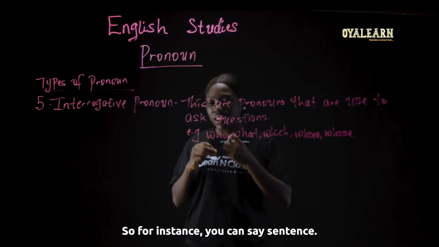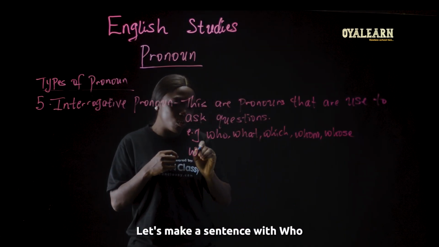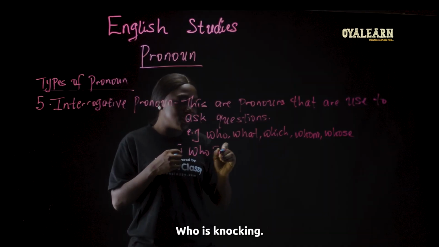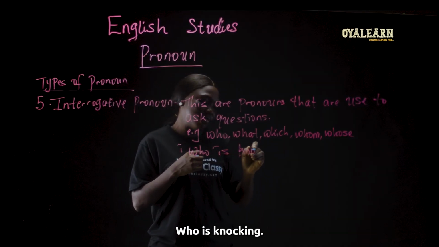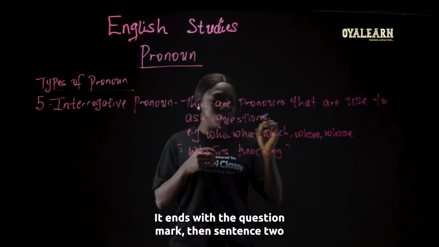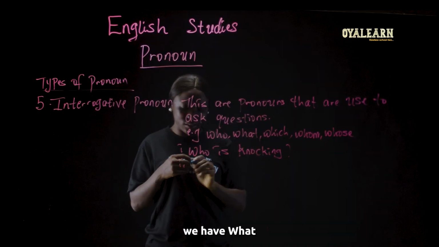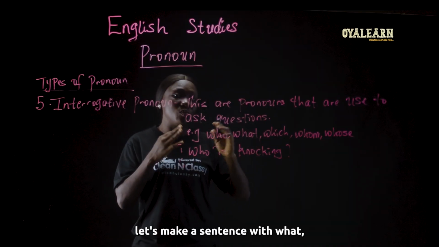So for instance, let's make a sentence with who. Who is knocking? Who is knocking? It ends with the question mark. Then sentence 2, we have what. So let's make a sentence with what.